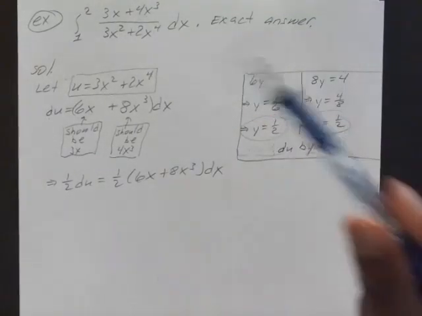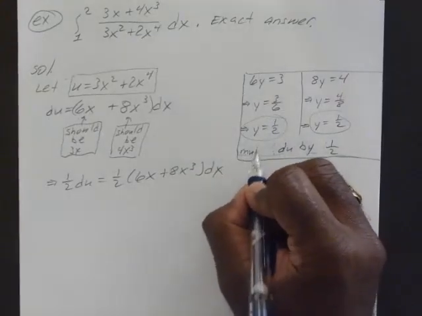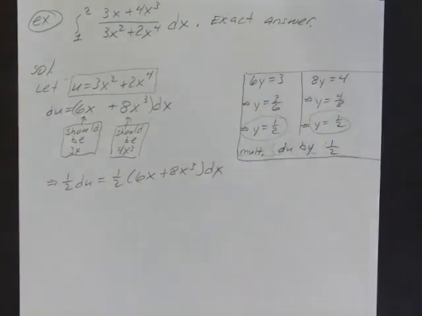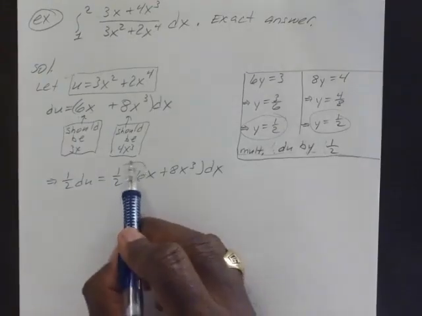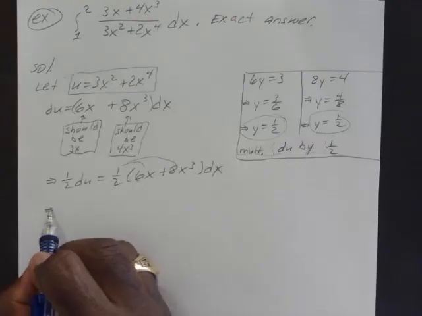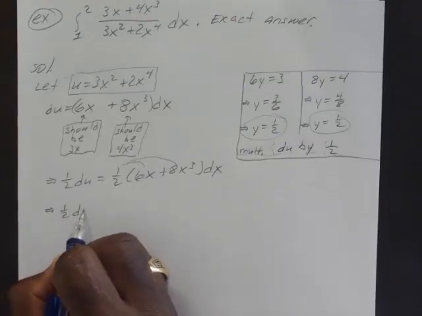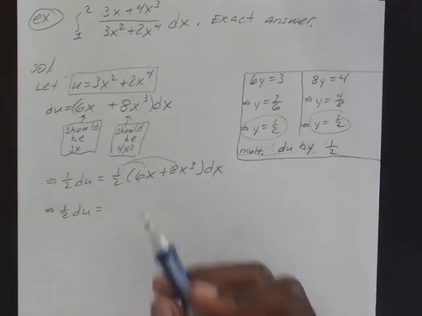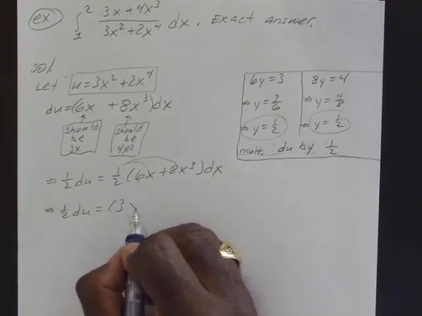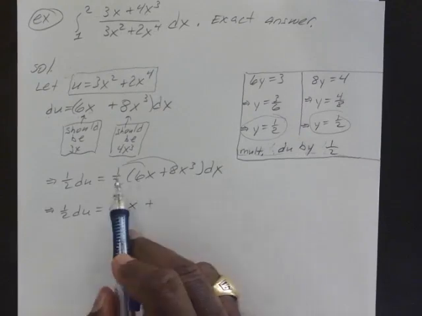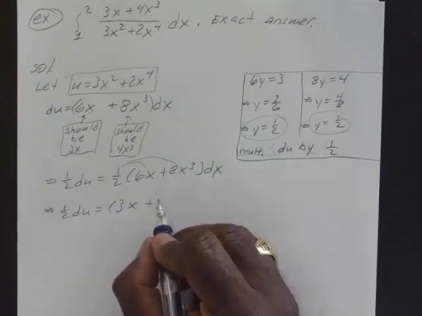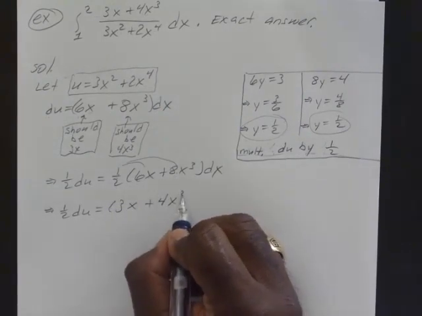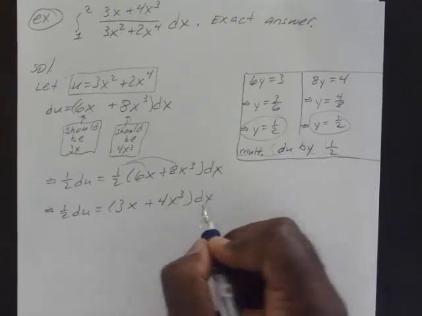Okay, so if we distribute that 1/2, we have 1/2 du is equal to 1/2 times 6 is 3, so that gives us 3x, plus 1/2 times 8 is 4, gives 4x to the third power dx.